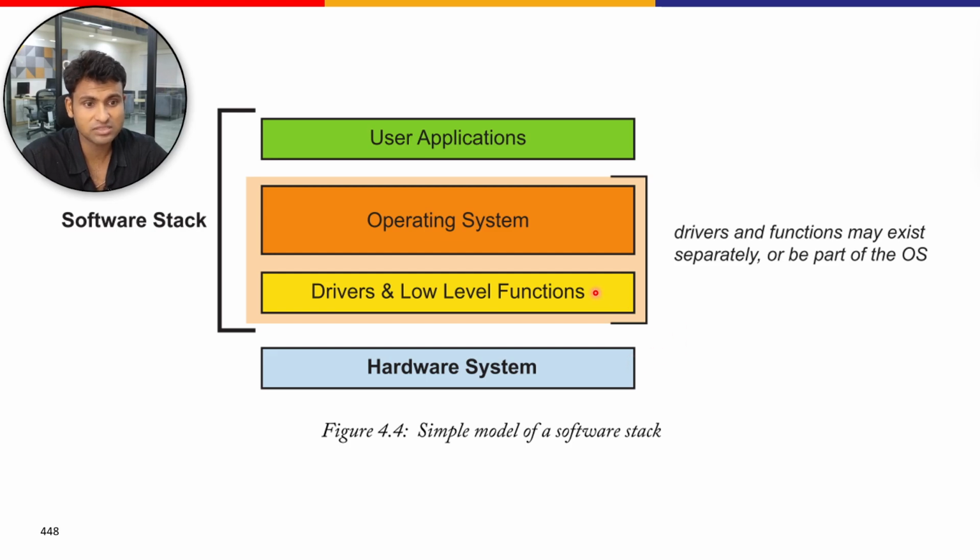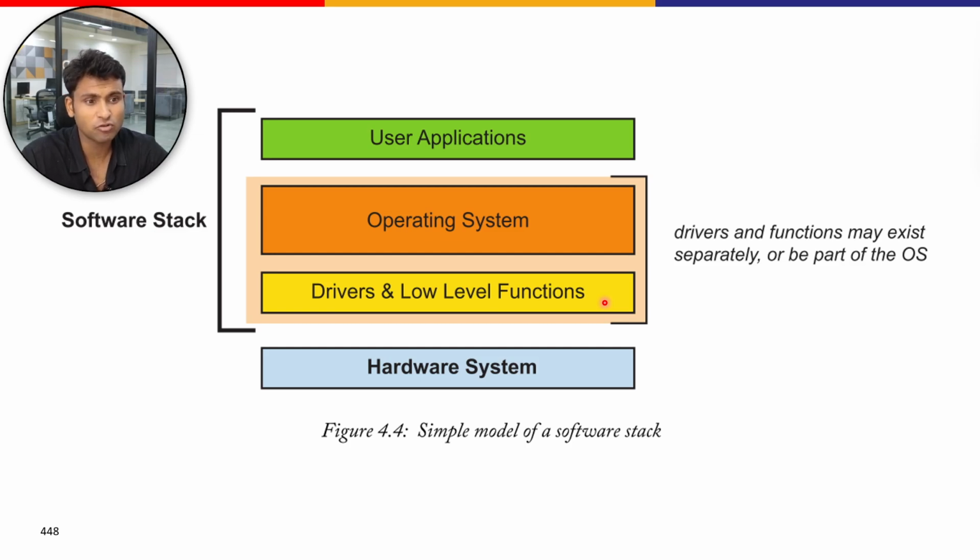Next comes the drivers and low-level functions. This layer comprises device drivers and low-level functions that directly interact with the hardware. Drivers act as intermediaries, allowing the operating system and the user application to communicate with the hardware without needing to understand the specific details of the underlying hardware architecture.